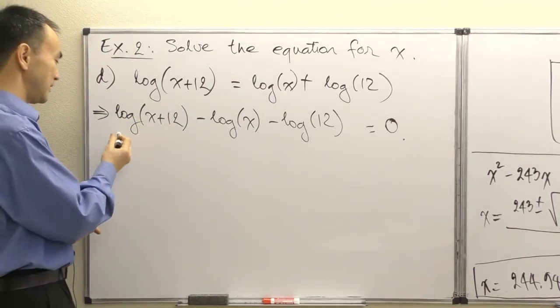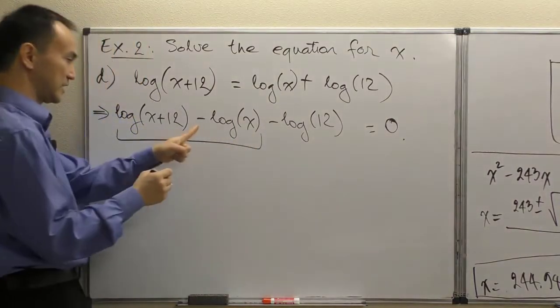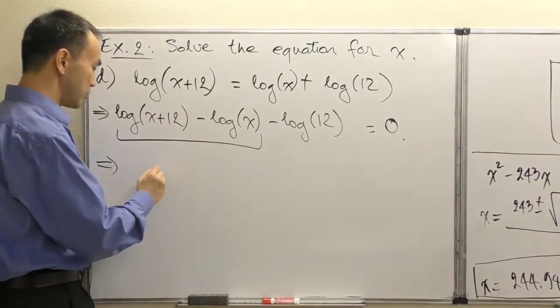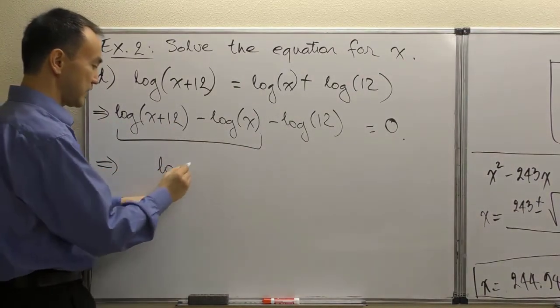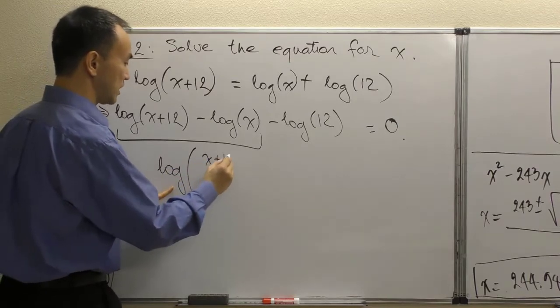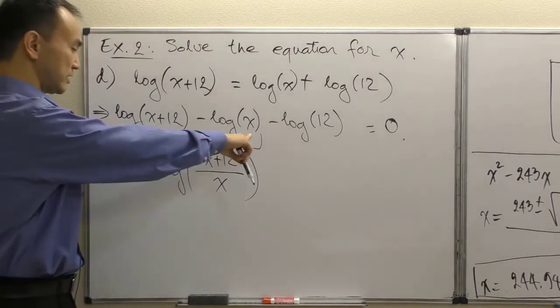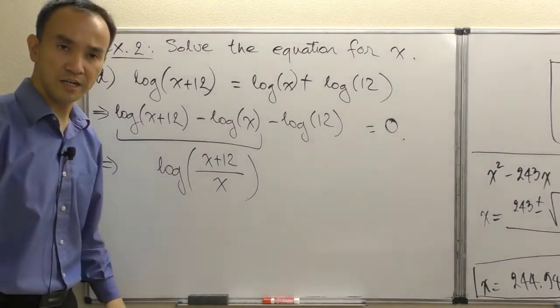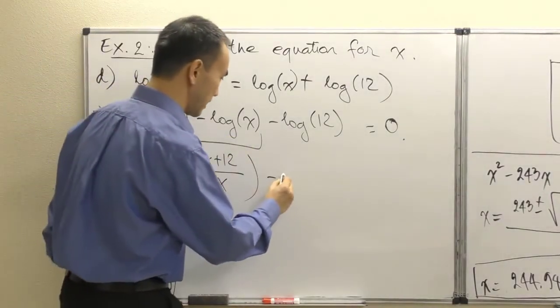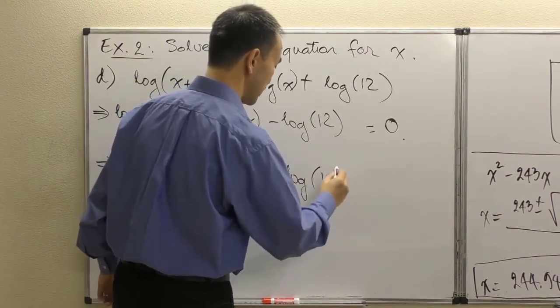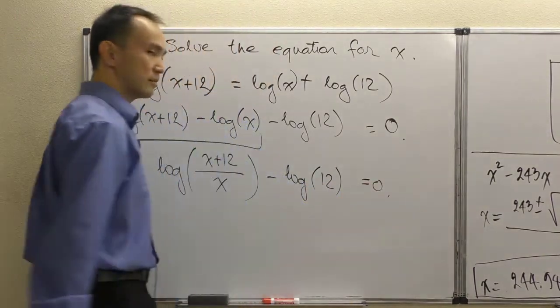With the first two terms from left to right, I see a difference of two log terms. So I can bring that into log base 10 of x plus 12 over x. Two terms get combined into one, but we still have minus log base 10 of 12, a constant term, equals 0.